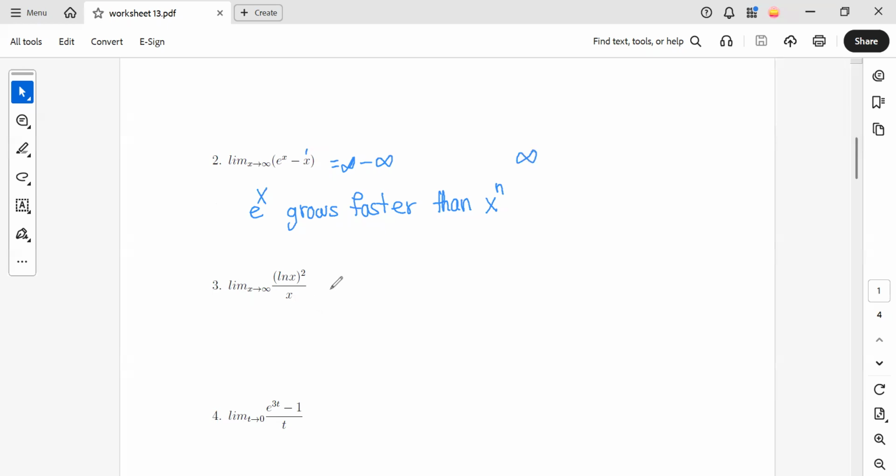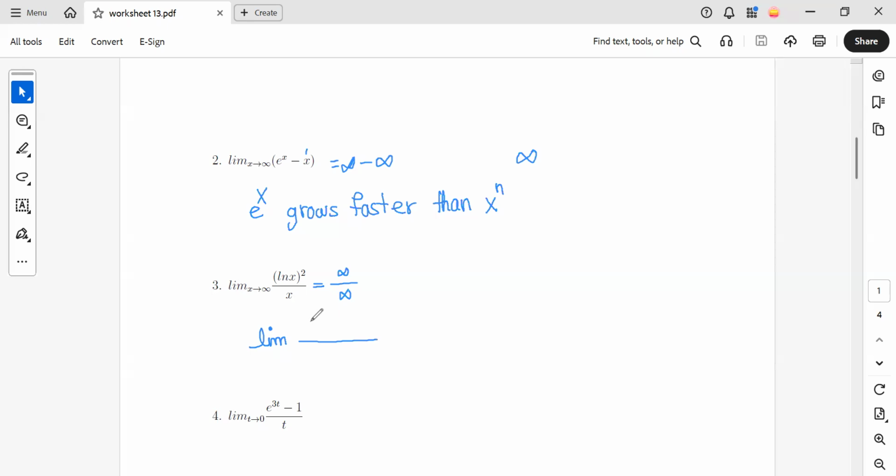Next one, if we think of plugging in infinity, it will be ln of infinity, which is infinity over infinity. So one of the ways that we can find the limit is using L'Hopital, finding the derivative of the top, which is using chain rule.